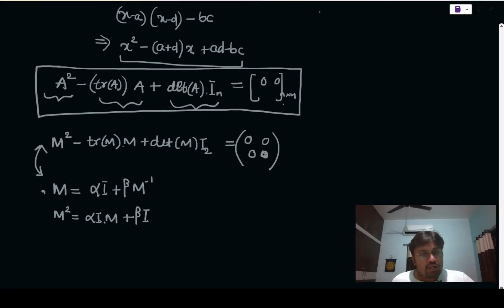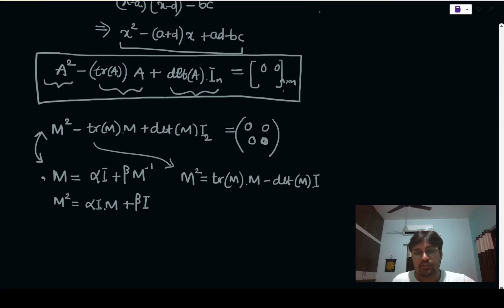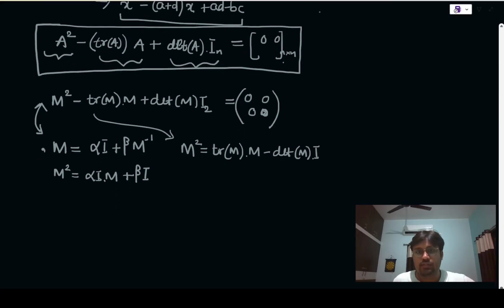Now, if I compare both these sides, from the first equation, actually I can write M square is trace of M times M minus determinant of M times identity matrix. Remember, on RHS we just have a 0 matrix, so it doesn't matter. And if we compare these two sides, this is same as this.